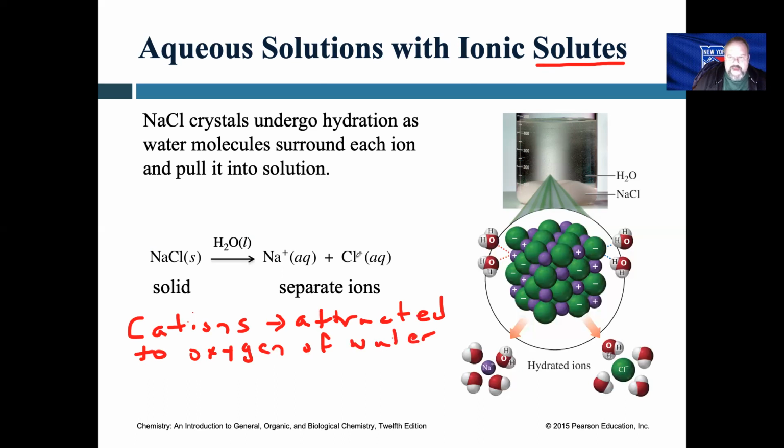The reason is that the oxygen in water has a partial negative charge, and cations have a positive charge. So if this was sodium chloride, you could see how the sodium ions would be surrounded by the oxygens of water.